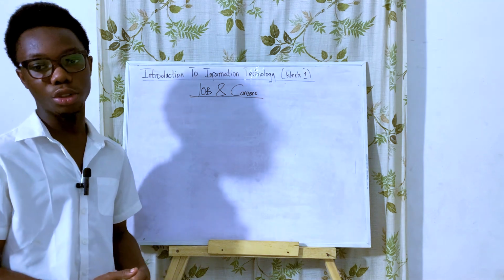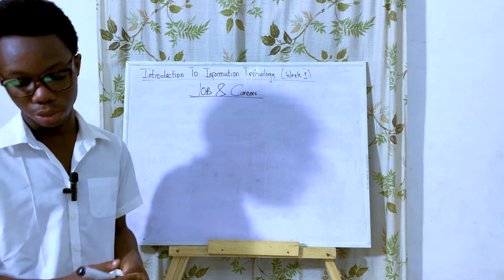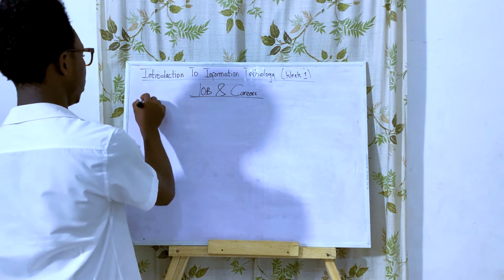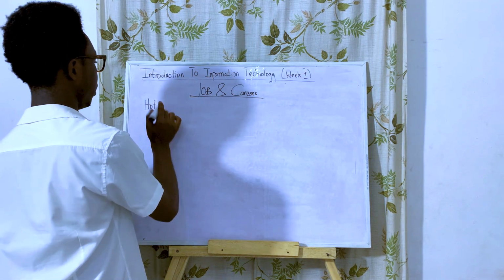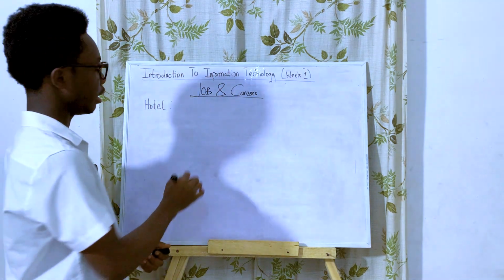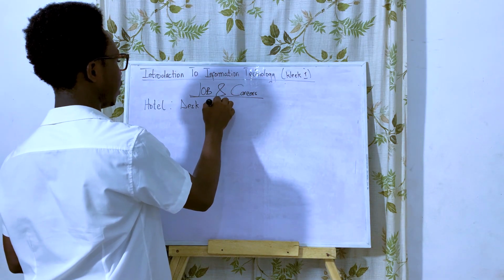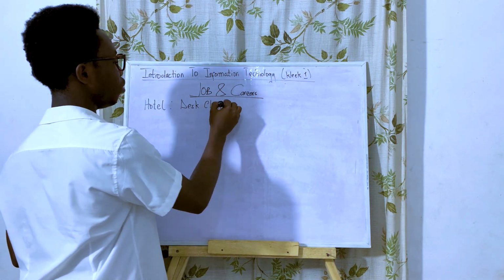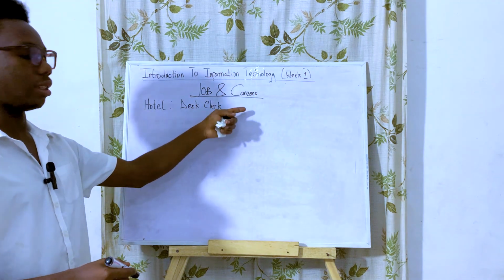Now let's look at jobs and careers. So hotel desk clerk. So the job is, let's say, in a hotel. In a hotel, we have the desk clerk, or the receptionist. When you go to the hotel, the first thing you visit is the reception, right?